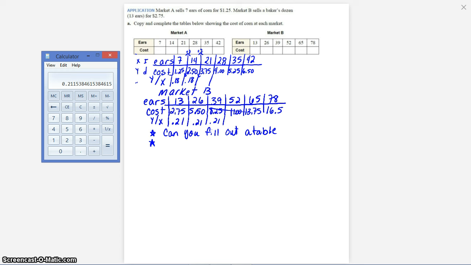Can you find the constant of variation? That's that Y divided by X of a direct variation. Okay, and on to the next one.